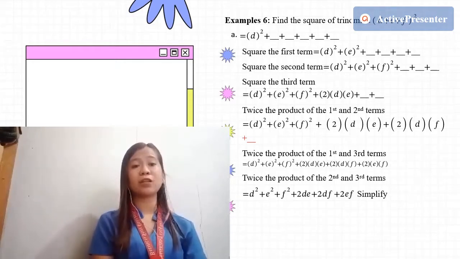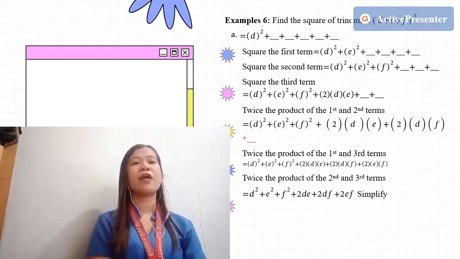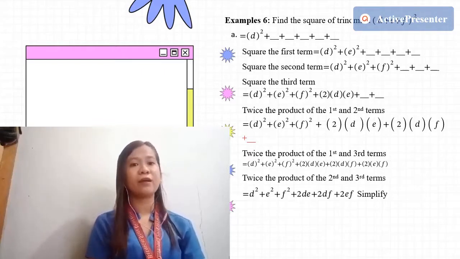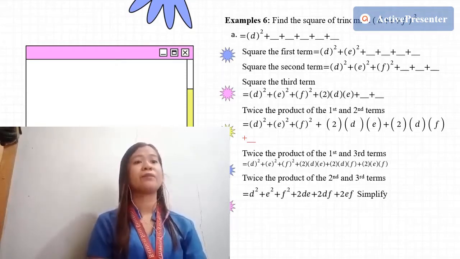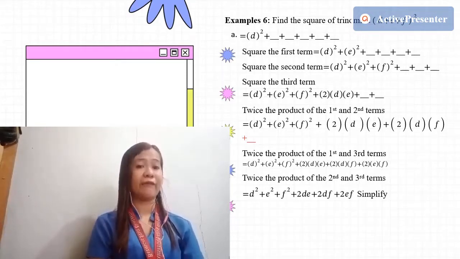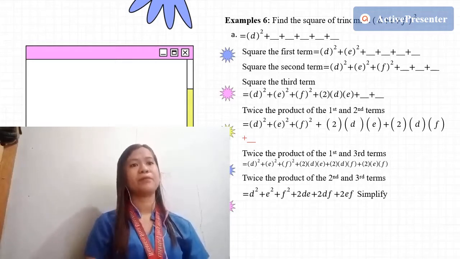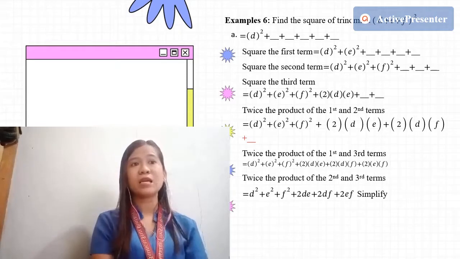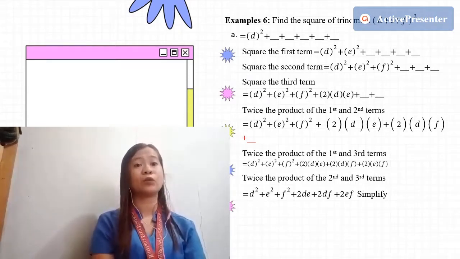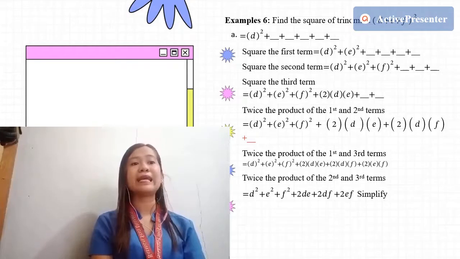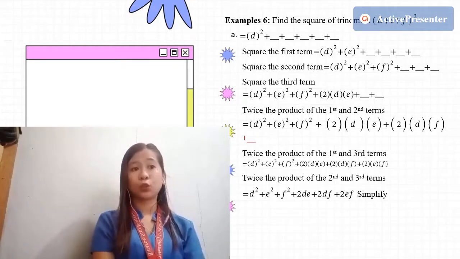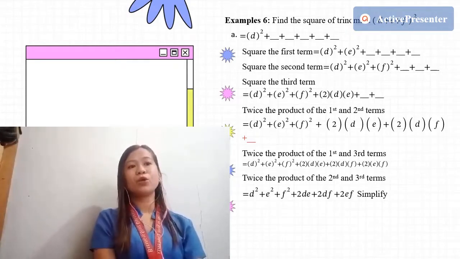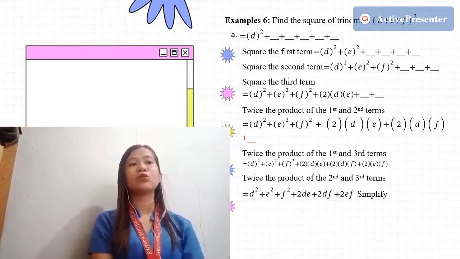So our second term in the given is e, and the last term is f. So we multiply e times f times 2, we have 2ef. Now, let us simplify. So the product of the trinomial (d plus e plus f) squared is equal to d squared plus e squared plus f squared plus 2de plus 2df plus 2ef.